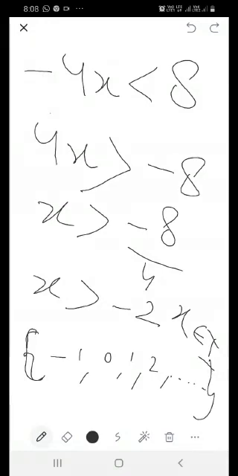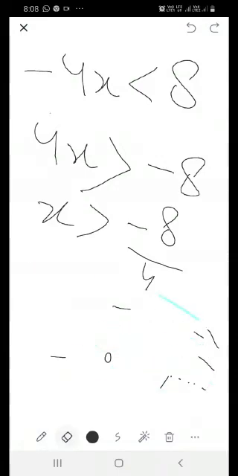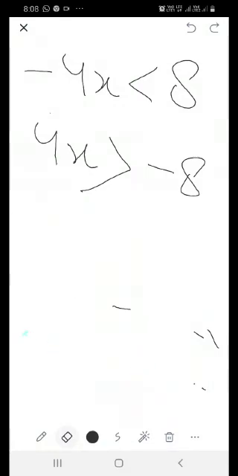The solution set is to be written in the roster form with the help of curly brackets. Curly brackets are the symbol used for sets. Why have I changed this inequality? I'll show you with the help of an example. Suppose I give you one example, that you know that minus 4 is less than 1.